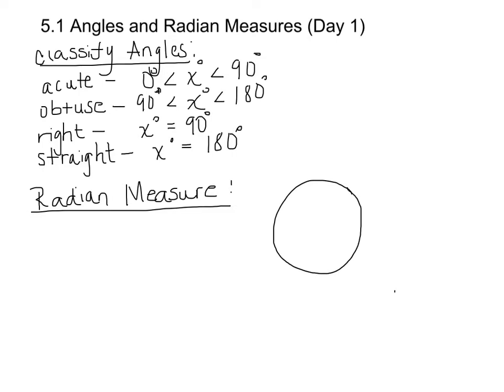Okay, in a circle we have a center, and this is a radius, and we're going to call it R. And right here, this angle, because it forms an angle with the center of our circle, we call this the central angle.